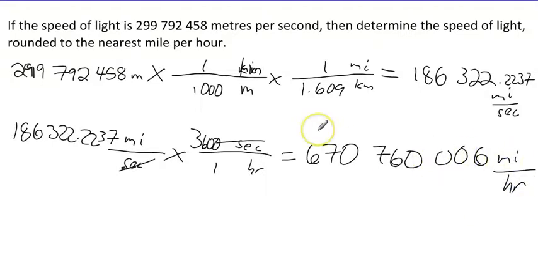Rounding, right? We rounded to the nearest mile per hour because that's what it asked us to do, and we did.